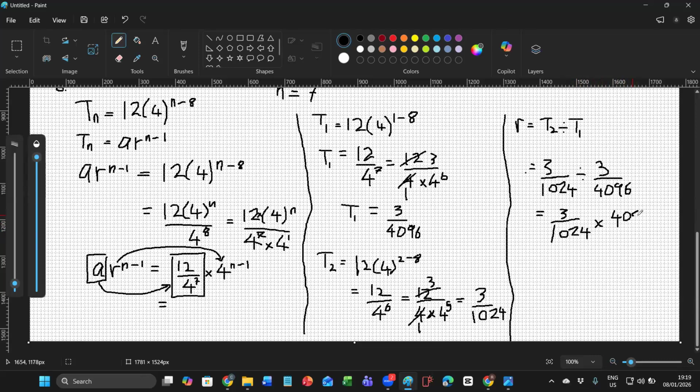So what did you notice? 4096 and 3 will cancel itself, right? And if you divide 4096 by 1024, what do you notice? It should be giving me 4. 4, exactly.